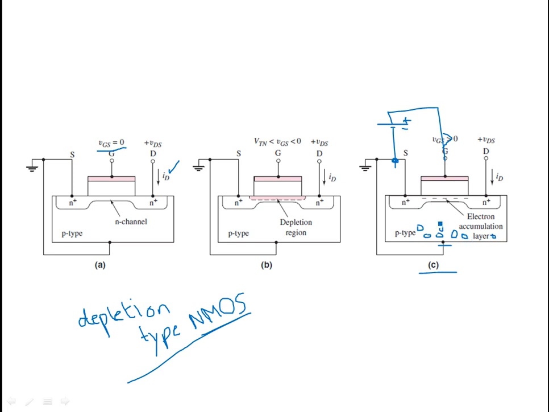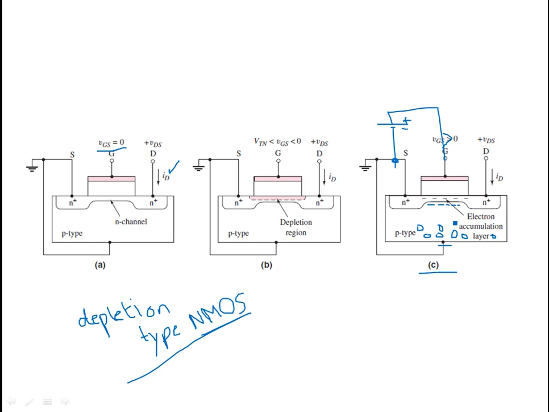What is left behind is negatively charged minority carriers in the channel region, which is already n-type. So that somehow enhances, or you can say forward biases, the channel junction with the substrate, which is reverse biased.